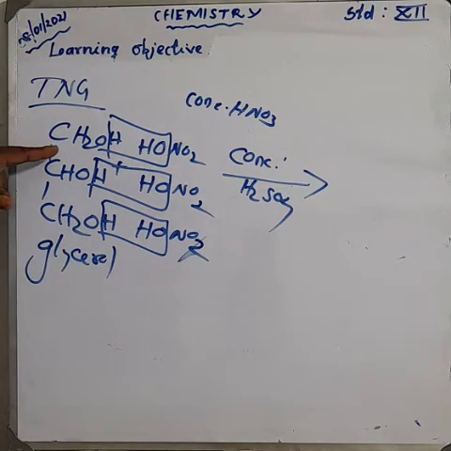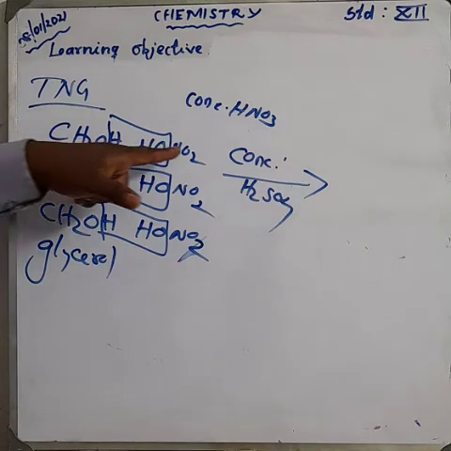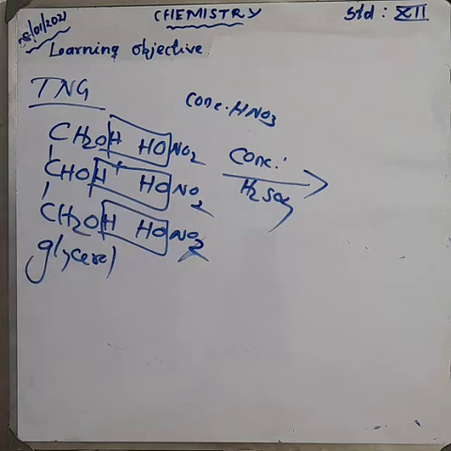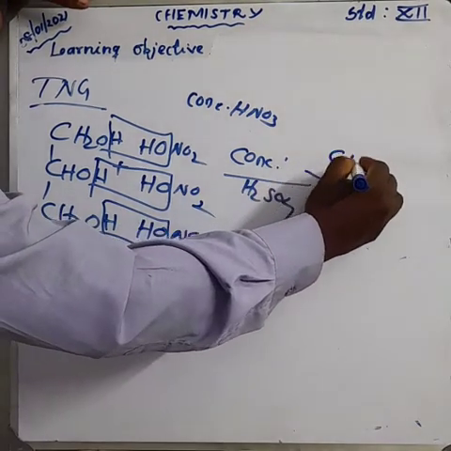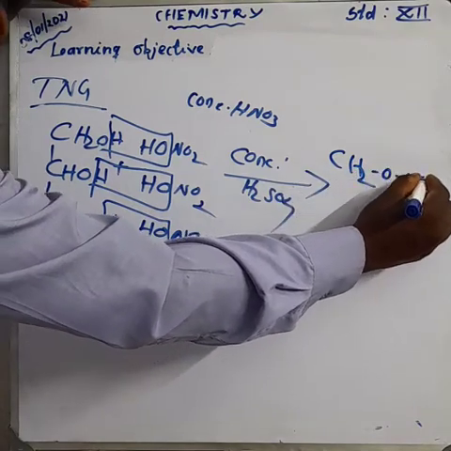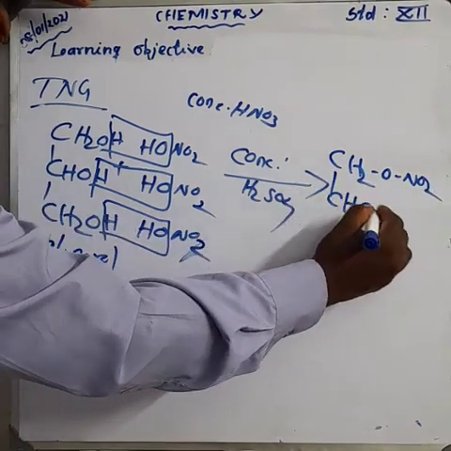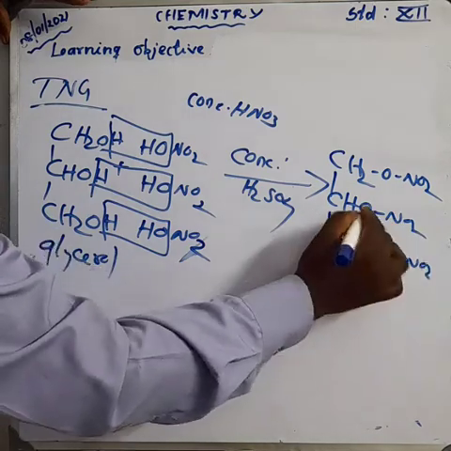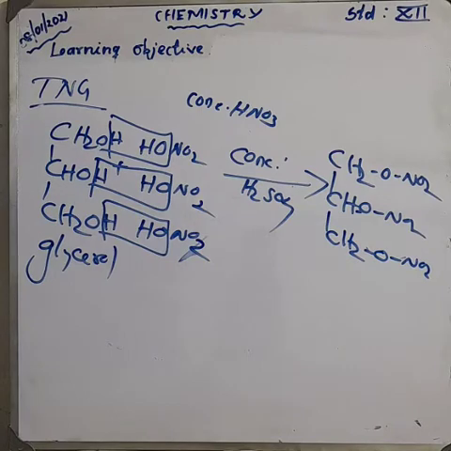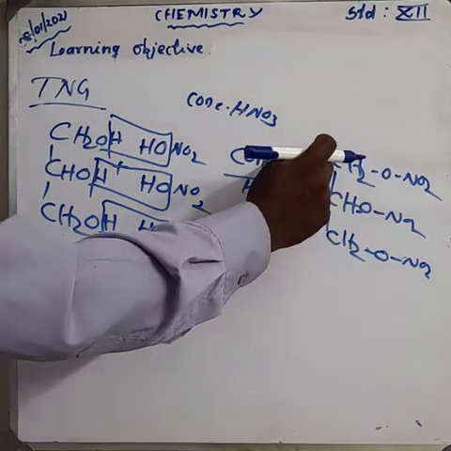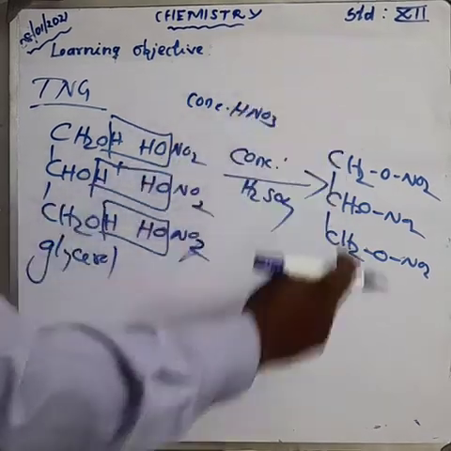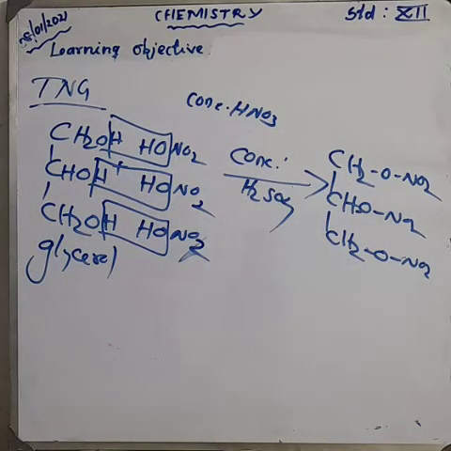And what is the remaining product? CH2ONO2, CHONO2, CH2ONO2. That we call trinitroglycerine, otherwise called 1,2,3-trinitroxypropane.